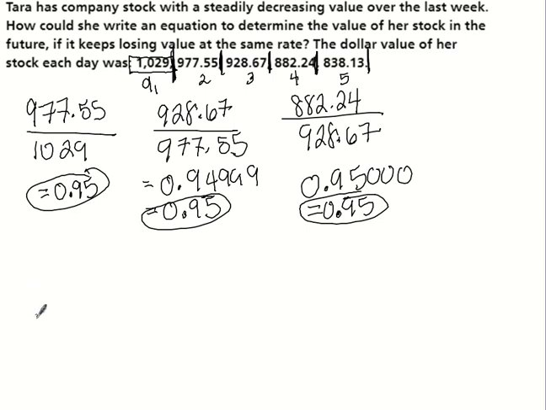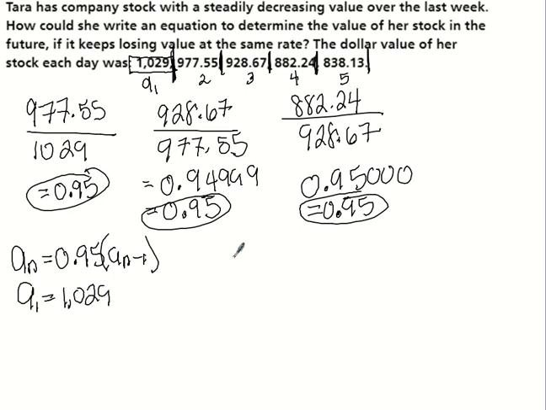Okay, so we can do explicit and we can do recursive, right? So recursive, I would just do a to the n equals my rate times a to the n minus 1, and I would write that a to the 1 is my 1029.